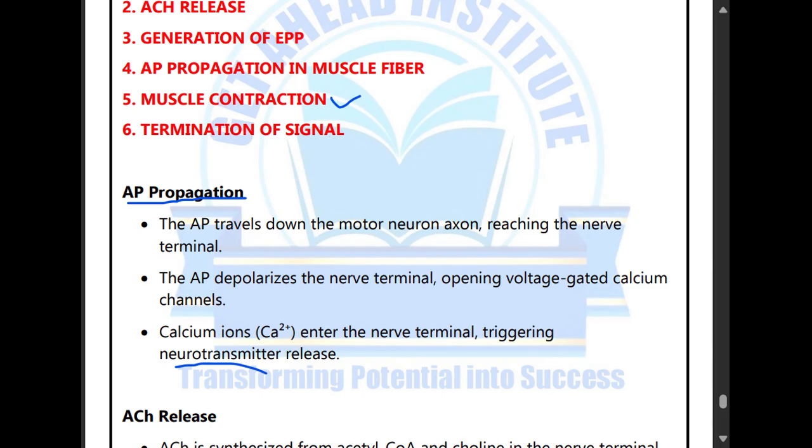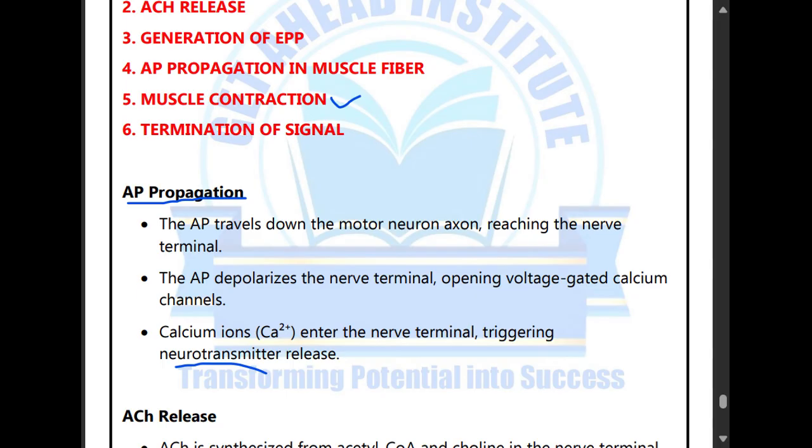To reiterate what I've said with regards to action potential propagation, when the action potential reaches the synaptic terminal, the voltage-gated calcium channels will open, and they will allow calcium ions to flow into the presynaptic cell.